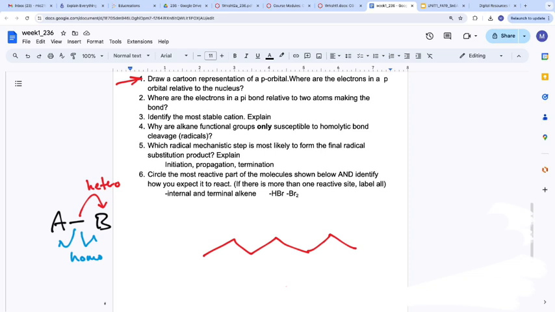There's a difference in electronegativity between atom A and atom B. That difference in electronegativity is what's really forcing the heterolytic cleavage. And if I look at an alkane, we're looking at carbon to carbon and carbon to hydrogens. Those, by definition, are nonpolar covalent bonds. Because they are nonpolar, the difference in electronegativity is negligible. There is no difference, effectively, which means I can't do hetero. The only thing left for me is homo.